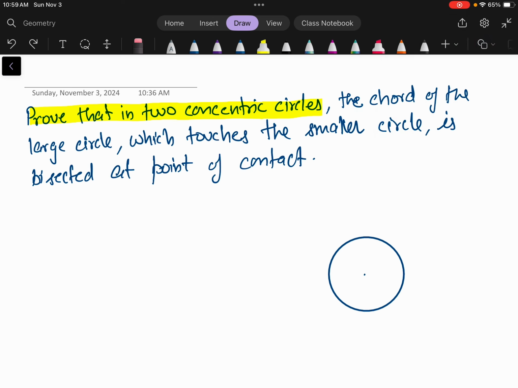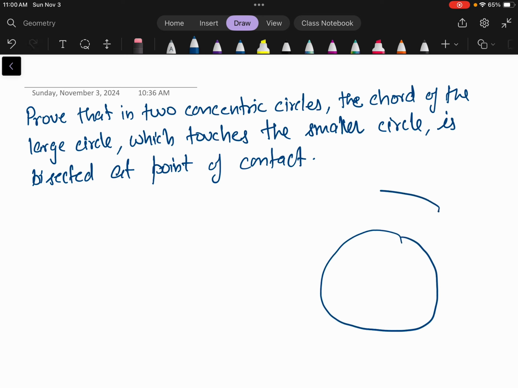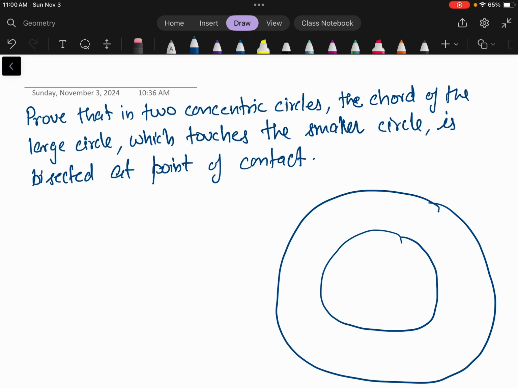I think I have to draw this circle manually, so this is one circle and this is another circle. So concentric means the center point of both circles is the same. This center O is the center point of both circles. That is the meaning of concentric circles.